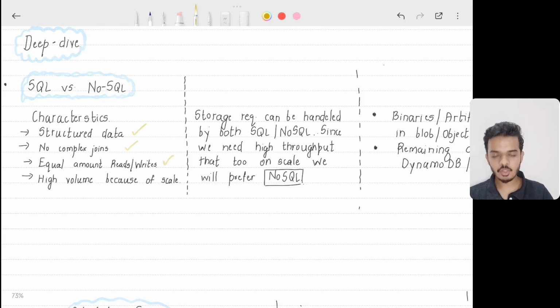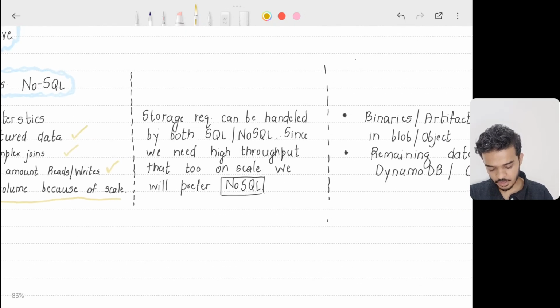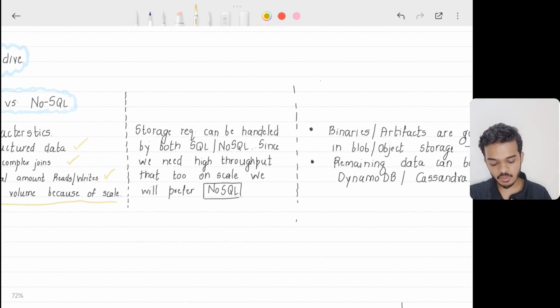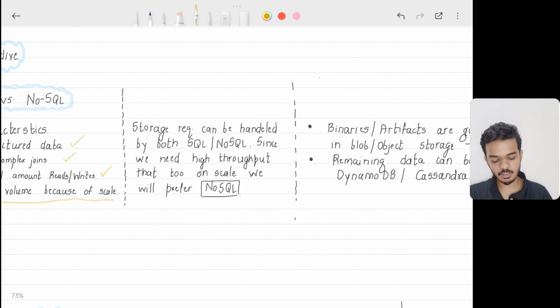And because we are designing for scale of millions, we know that the volume is going to be very high. So the data should be scalable. It should be able to handle million queries in a day. So we need our database to be scalable. Now if we look at these characteristics, the storage requirements can be handled both by SQL and NoSQL.